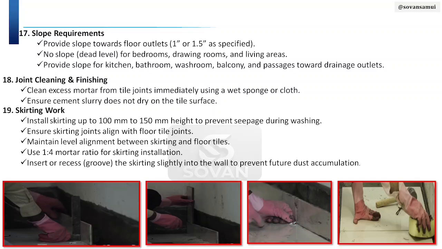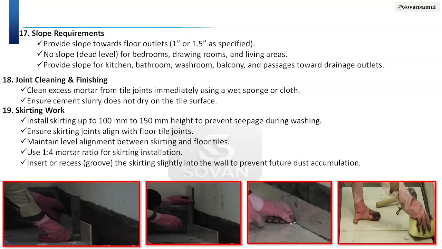During skirting work, you should maintain the level of the skirting, and the joint should match the floor tile joint. The mortar should always be 1:4, meaning one part cement and four parts sand.